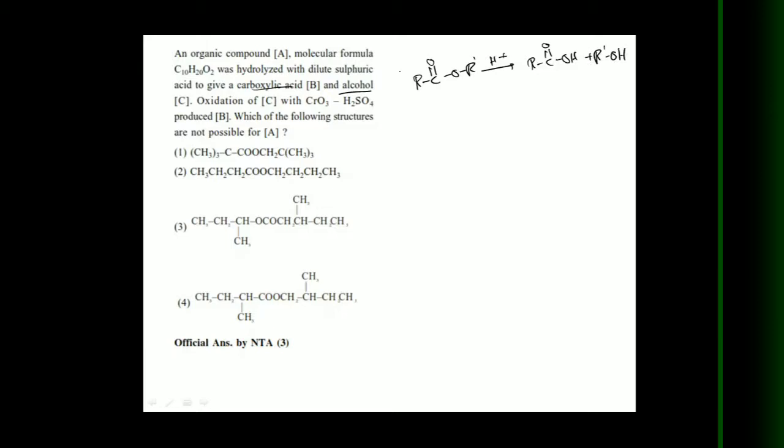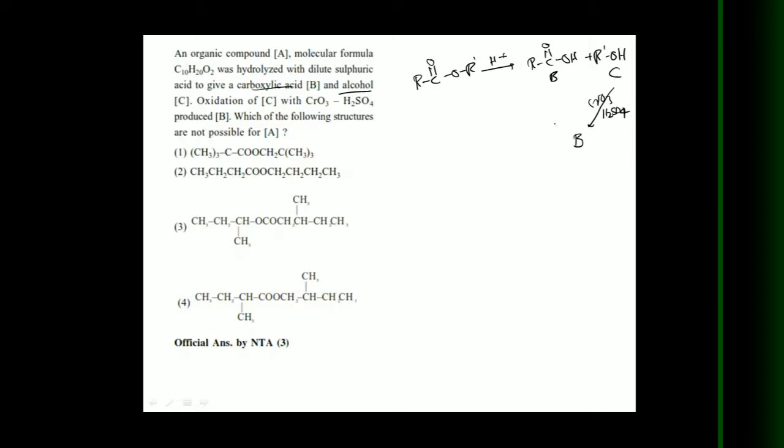Here the carboxylic acid is B and the alcohol is C. Oxidation of C with CrO3 and H2SO4 produced product B. Which of the following structures is not possible for A?